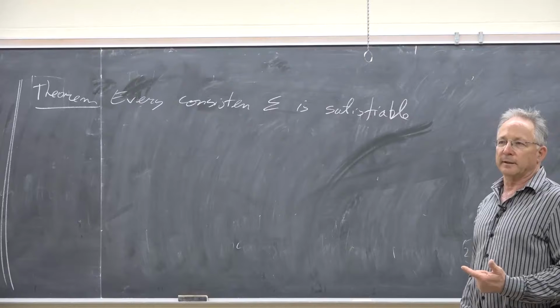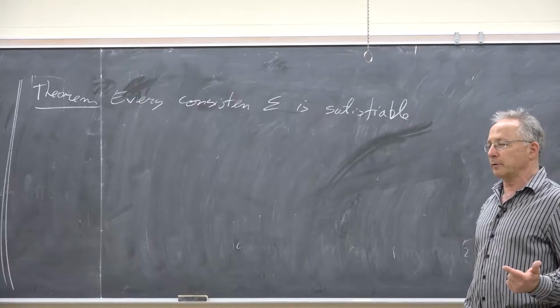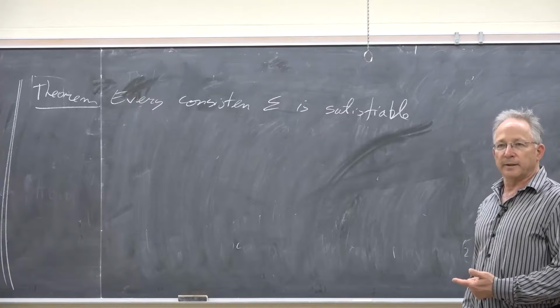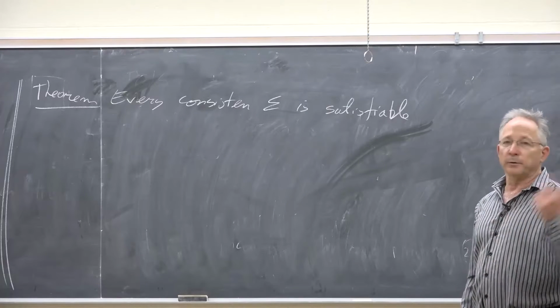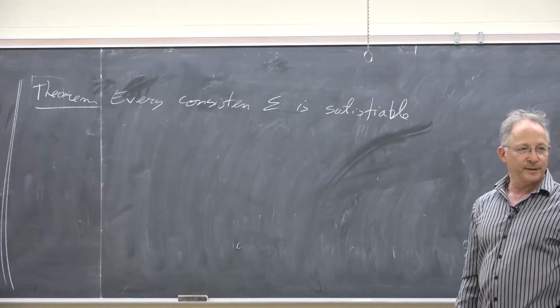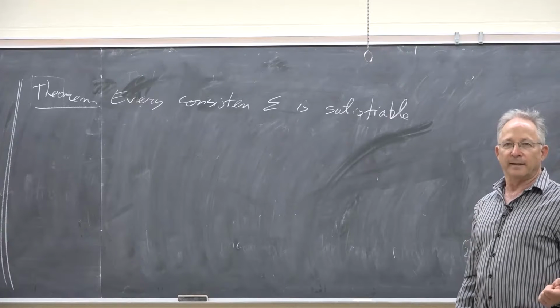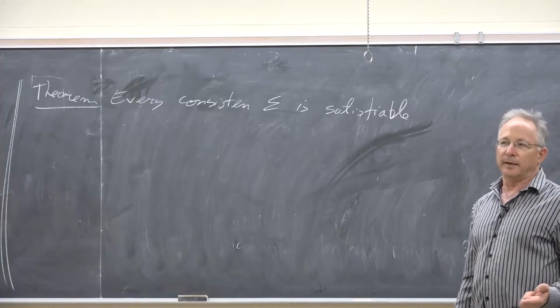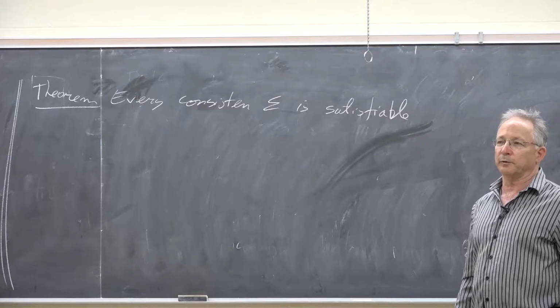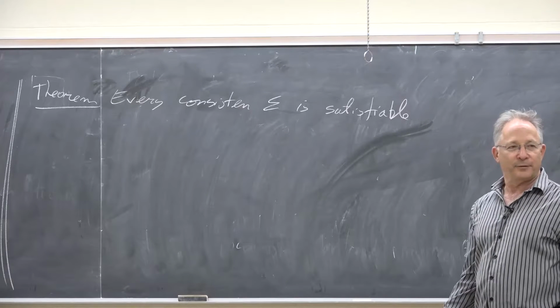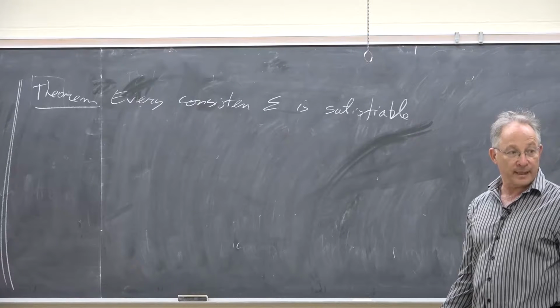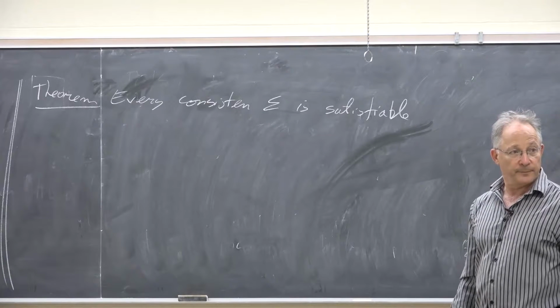I know that it's consistent. What do I know? I know that it cannot prove a contradiction, right? Now, to show it's satisfiable, I should come up with a truth assignment. Where am I going to get my truth assignment from? All I know is that this sigma is not too strong. It cannot prove a contradiction. Very nice, it's weak. Now, how do I find a truth assignment for it?